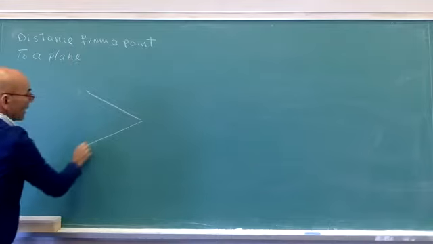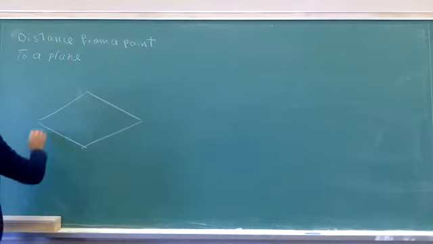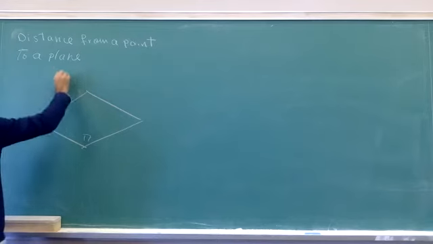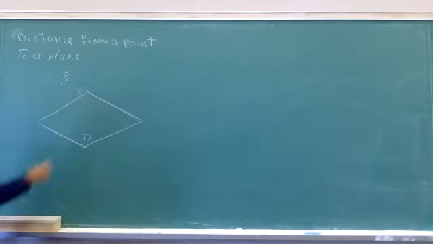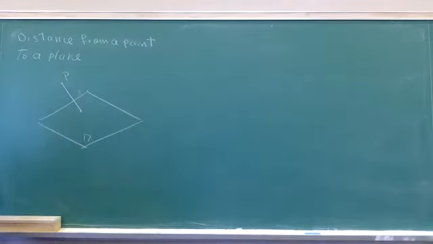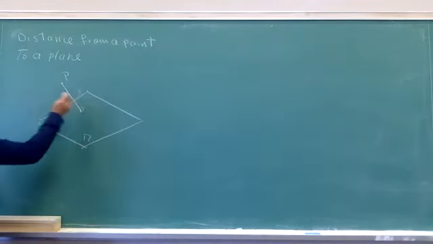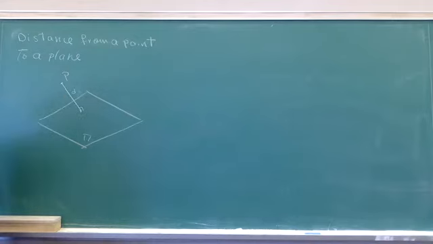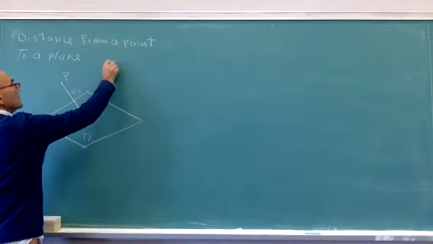So again, we have our plane, phi, there is this point P, and we want to compute the distance. We have a kind of intuitive idea of what distance is, right? The distance is we drop a perpendicular line to the plane, and then we just compute the length of this vector, right? So this is orthogonal, for example, and this D is the distance, and the question is what is D?